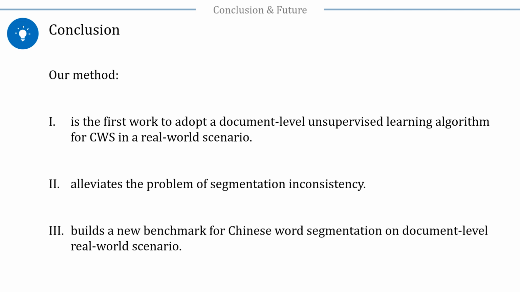So we build a new benchmark for Chinese word segmentation for document level real world scenario. And our method tries to adopt a document level unsupervised learning algorithm for Chinese word segmentation in a real world scenario.